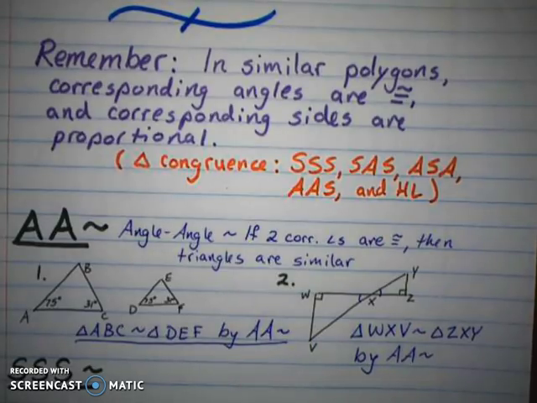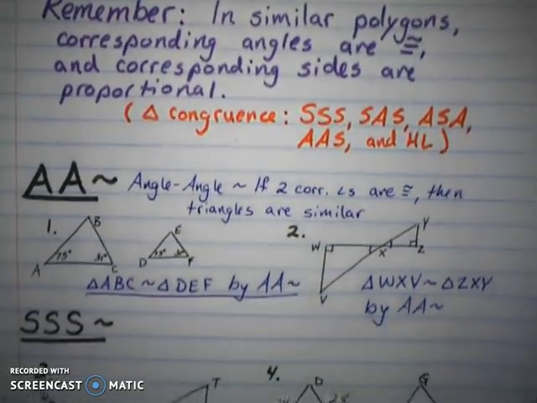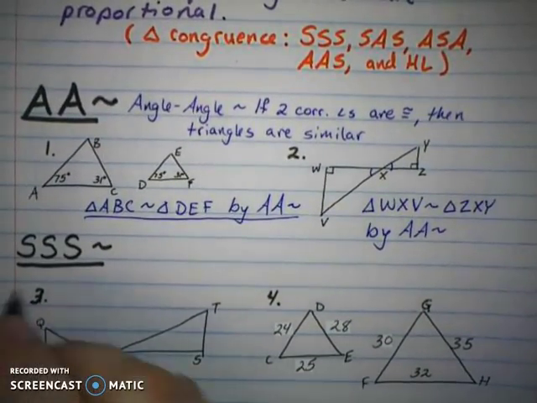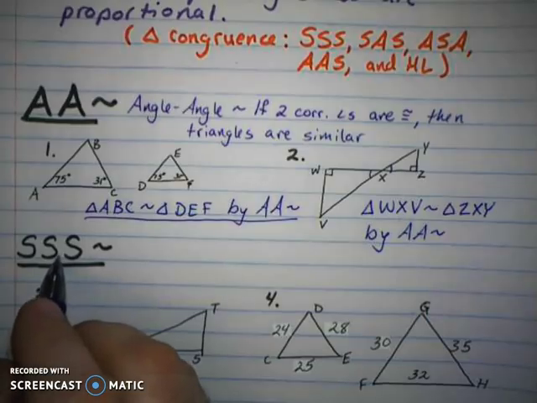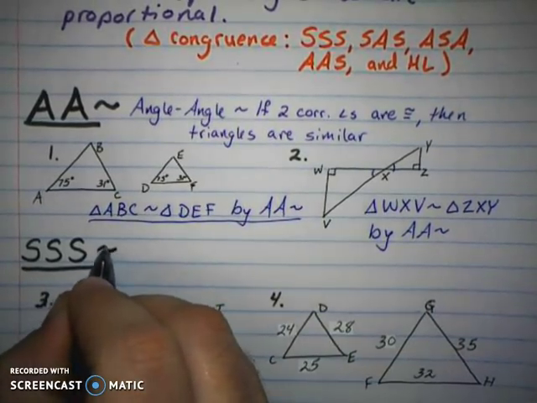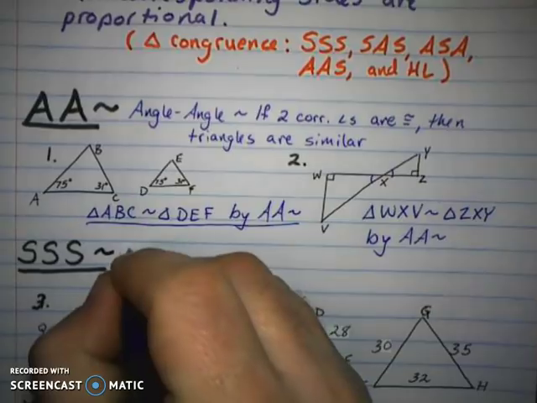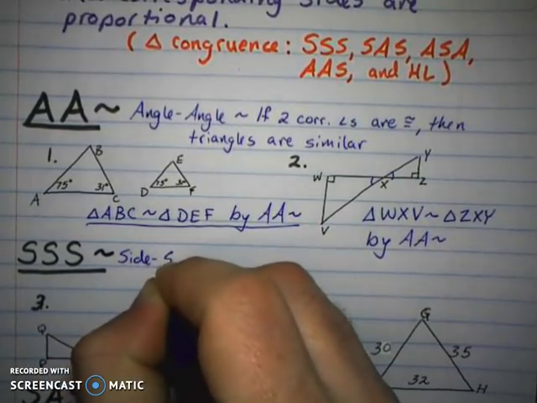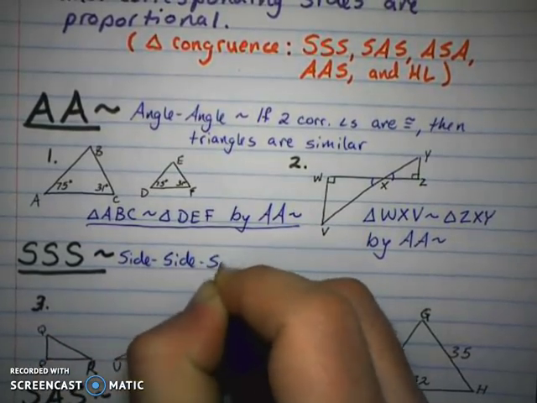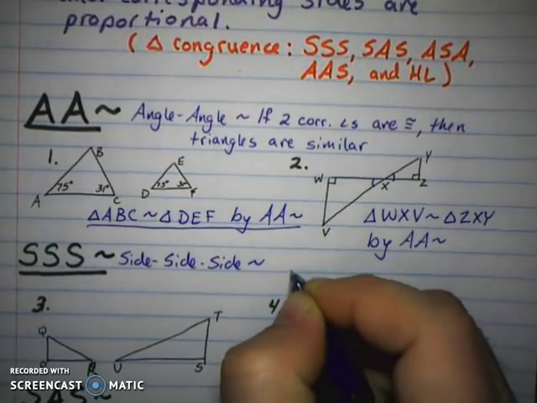And because of the way triangles work, we have some other similarity theorems we can use. This one, SSS, means the same thing it did for congruence, only we're going to put the similarity symbol after it. And that is side, side, side similarity.